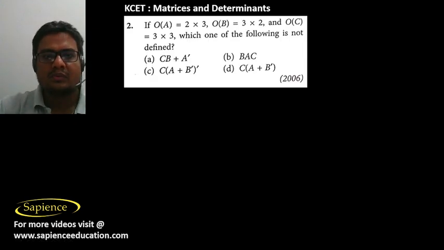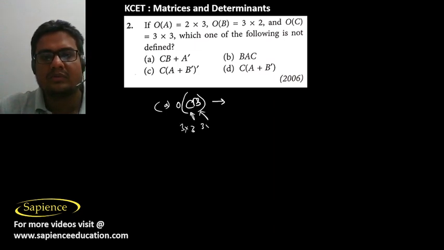Then question number 2 says that if the order of matrix A is 2 cross 3, the order of matrix B is 3 cross 2, and the order of C is 3 cross 3, then which of the following is not defined? So in option A, the matrix CB will have the order, C is of the order 3 cross 3 and B is of the order 3 cross 2.